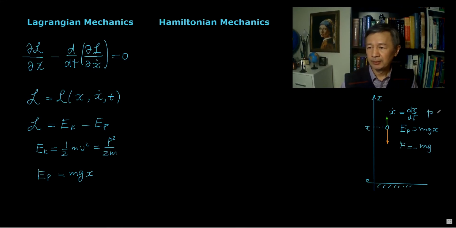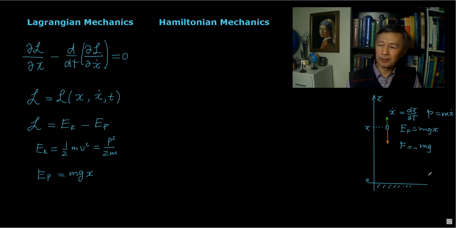That is equivalent. If you use momentum, then it can be written as the product of mass and the linear velocity. Okay. So let's use this simple example to illustrate how we apply Lagrangian mechanics.